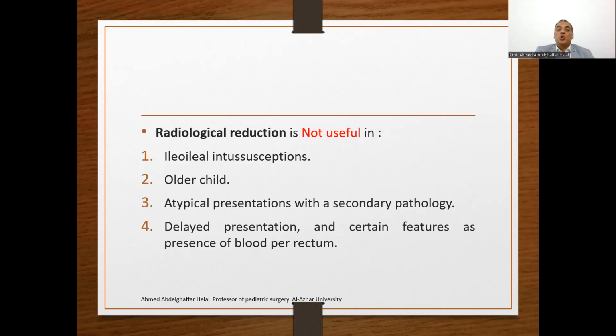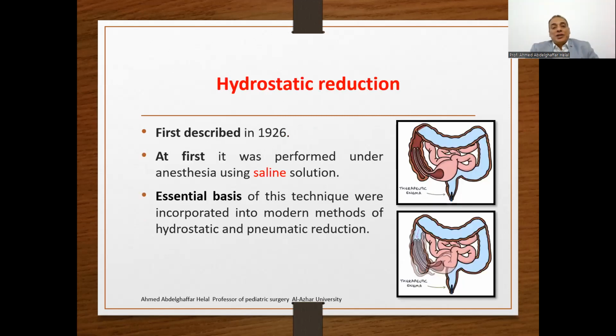Radiological reduction is usually not successful in ileoileal intussusception, an older child, or a child with atypical presentation with secondary pathology, delayed presentation, or certain features such as the presence of blood per rectum. Hydrostatic reduction.